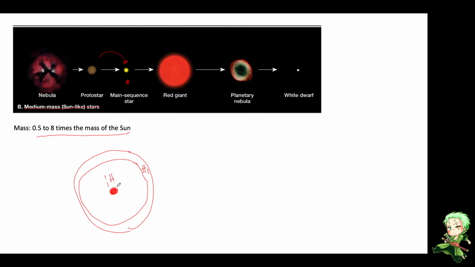As this hydrogen is fused, your core will be populated with helium. That is the basic proton-proton chain, where hydrogen nuclei make helium nuclei. So in your core, once you exhaust your protons, they will run out, meaning all of the protons are now converted into helium.